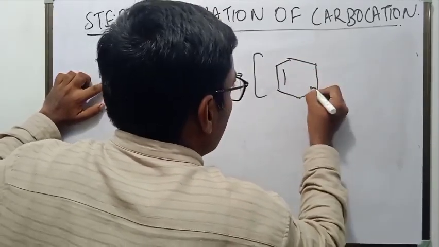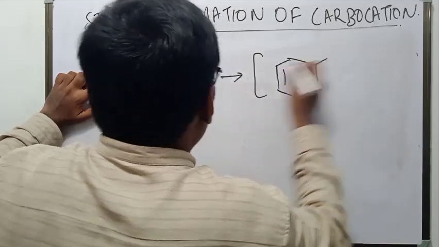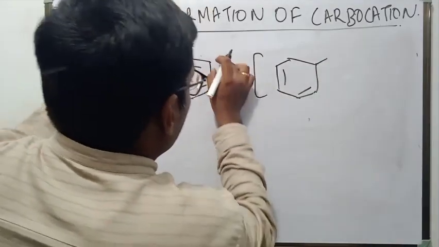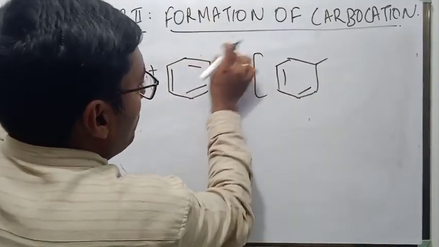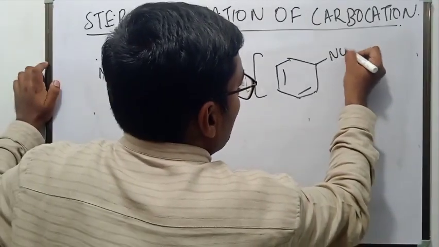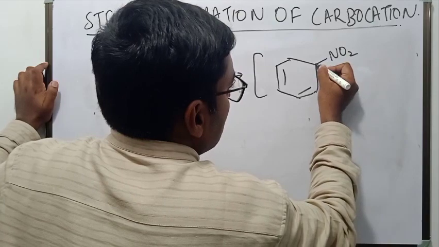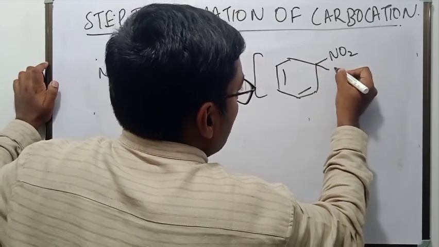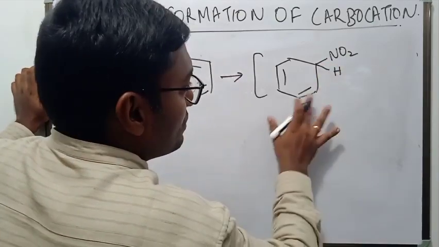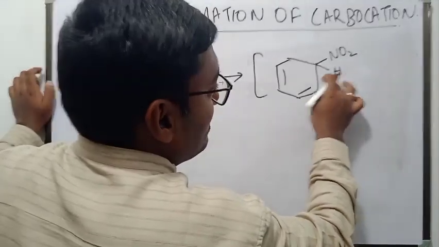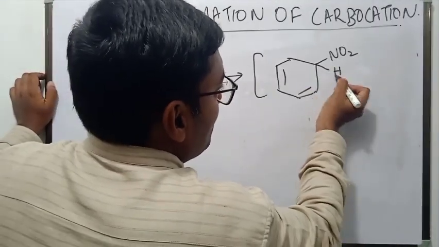You guessed it right. If the NO2 plus takes the electron pair here, NO2 comes here. Each carbon has one hydrogen. I am showing the hydrogen for this carbon atom, not showing for others, so that we can better understand the mechanism.